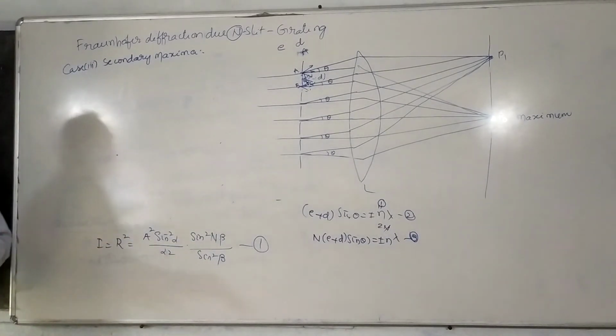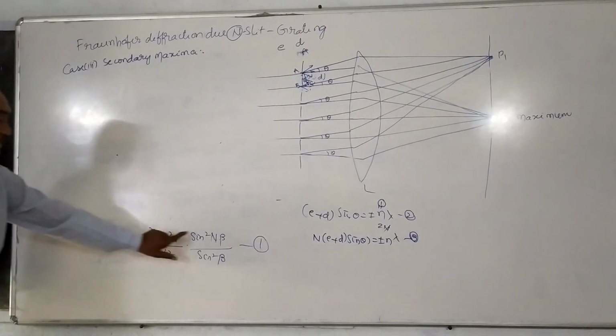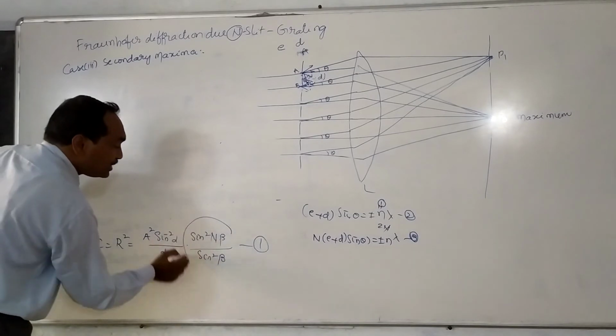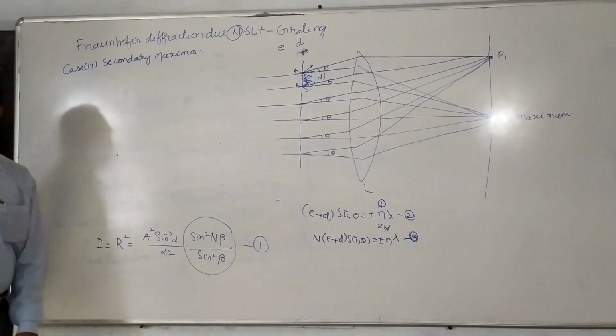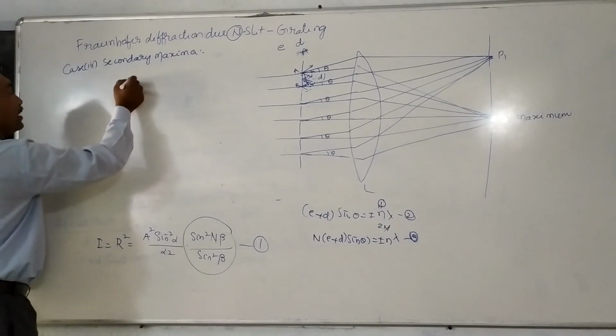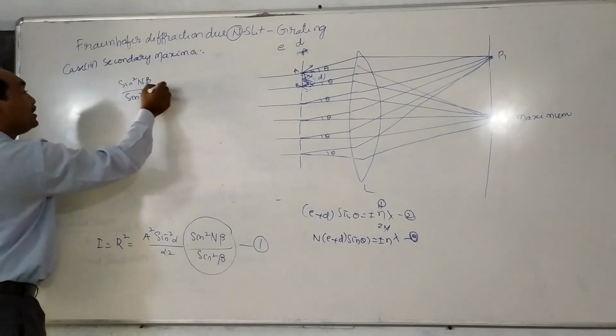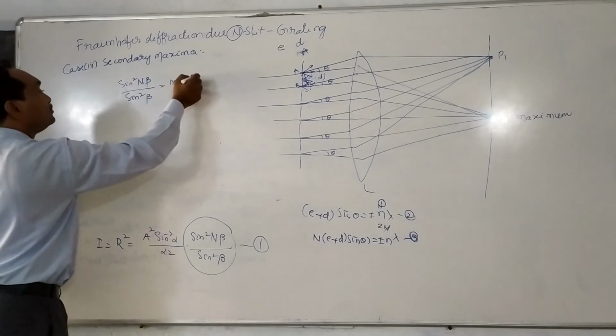Maxima is nothing but intensity is maximum. That is called secondary maxima. So in this case, the intensity is maximum when this term goes to maximum. Am I right? That is sin square n beta by sin square beta is equal to maximum.